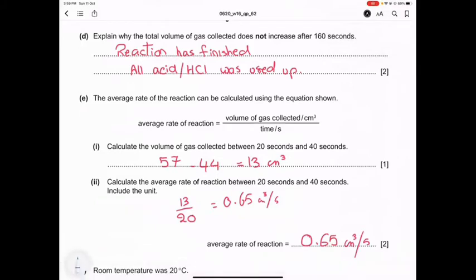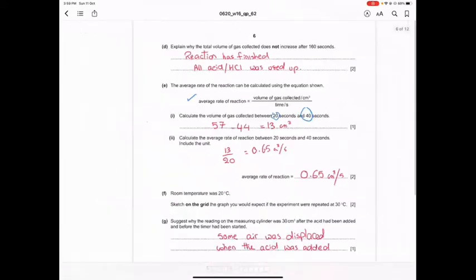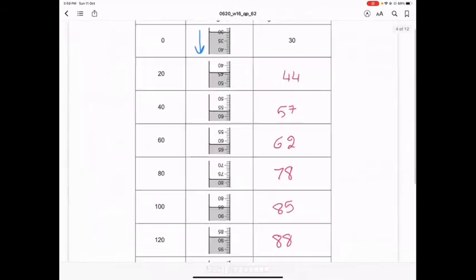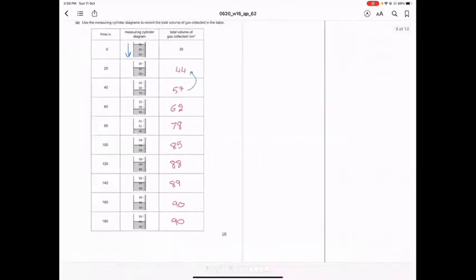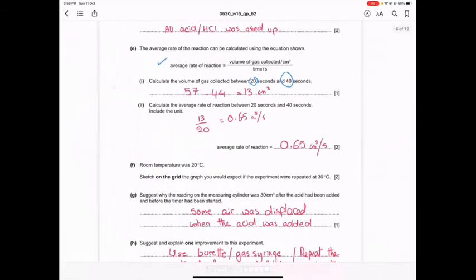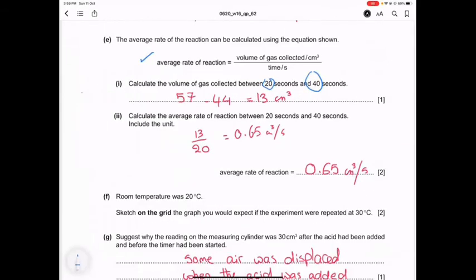Okay, question E. The average rate could be calculated using this formula. Then he wants you to calculate the volume of the gas collected between 20 and 40 seconds. The best thing to do is to get them from the graph, okay? So 57 minus 44 is 13. Then he says that you can calculate the rate by this formula.